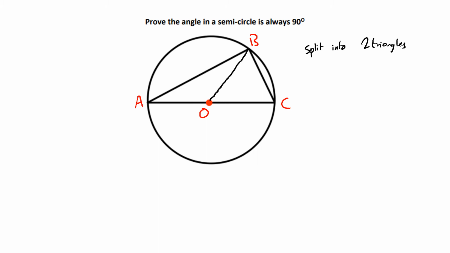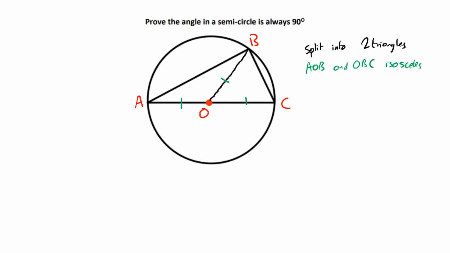Now, why did we do that? Well, what that gives us is a number of radiuses, and that means we've got two isosceles triangles here. So we can say, therefore, that AOB and OBC are isosceles. We're specifically talking about the triangles there.